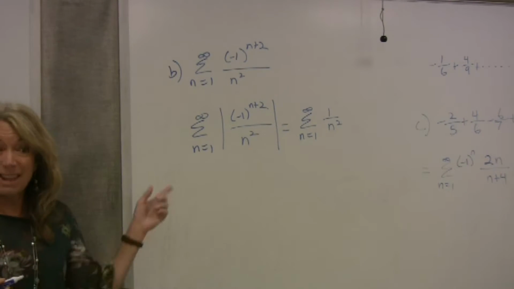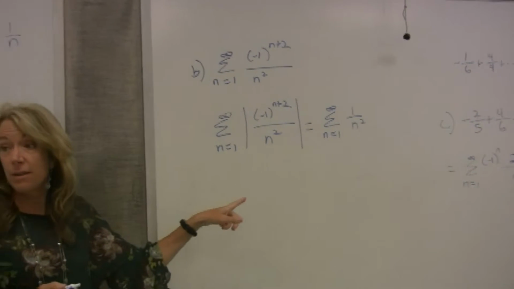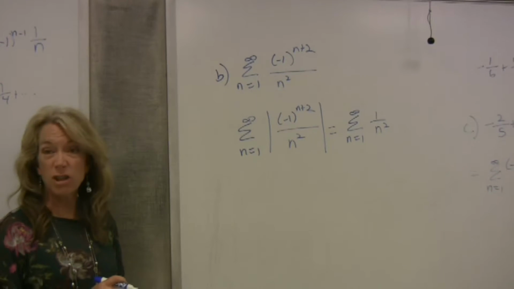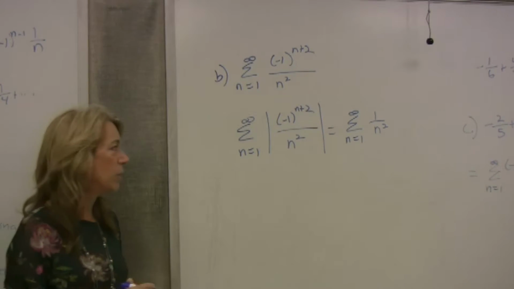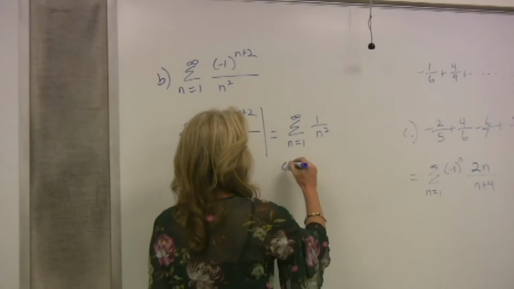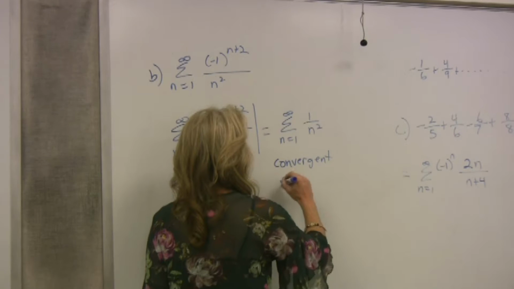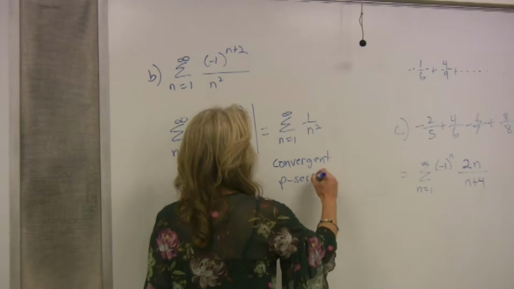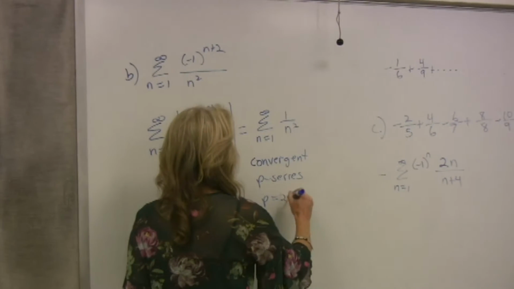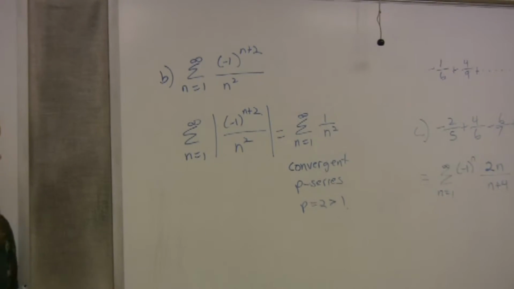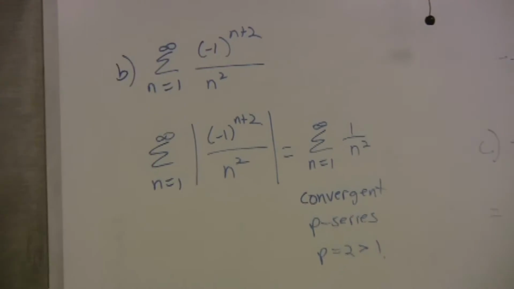We don't have to compare it, this is a p-series. We just took off the negative ones because it's not alternating anymore. This is a convergent p-series, because p equals 2 and that's greater than 1. Remember, p-series converge whenever you have a p greater than 1.